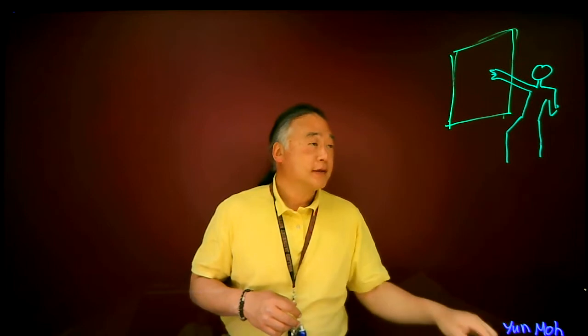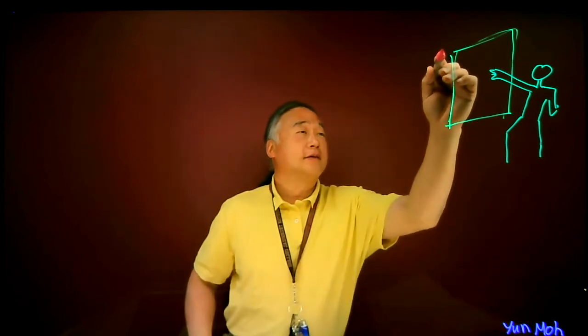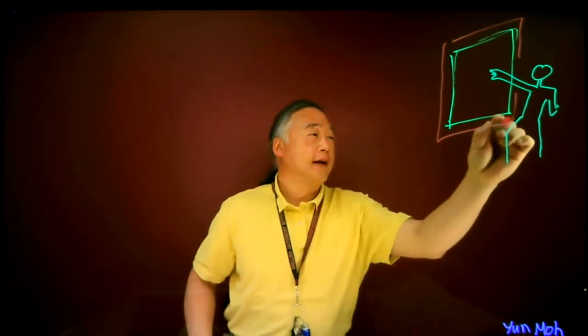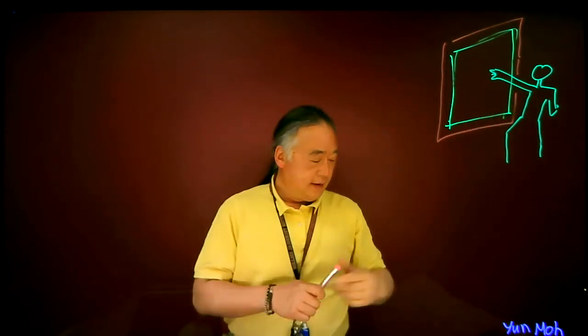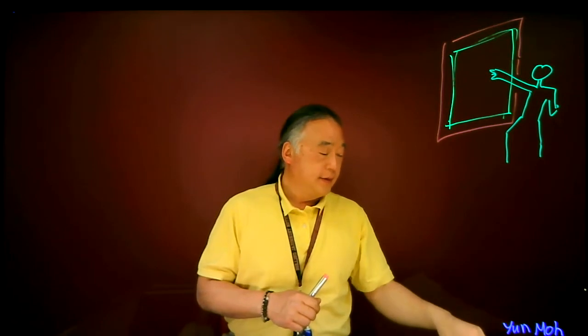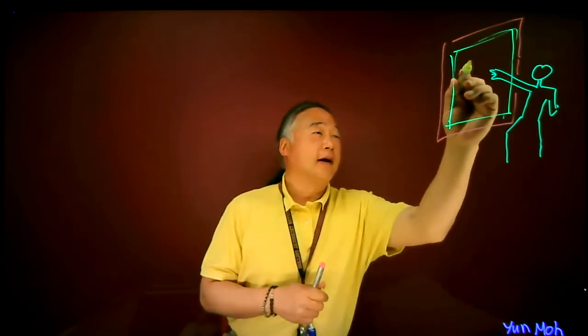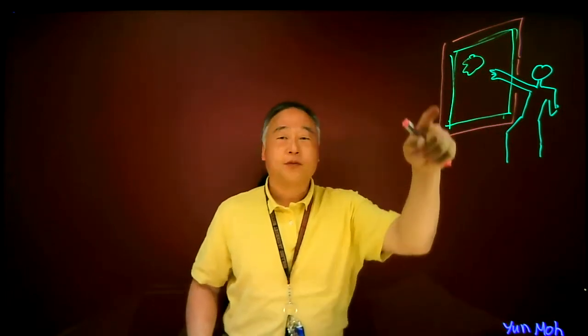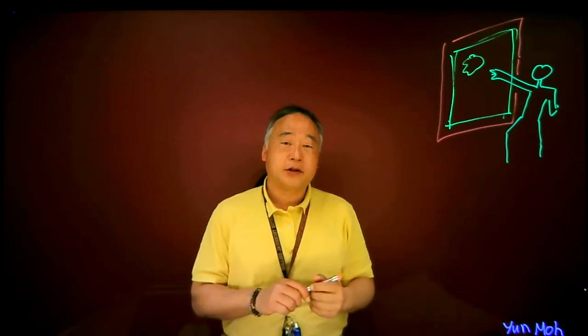So let me just put a little frame around here to eliminate the writings that I put here. Let's say I draw things here. And essentially, this frame comes with a strip of LED light.